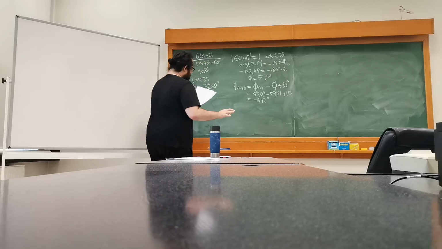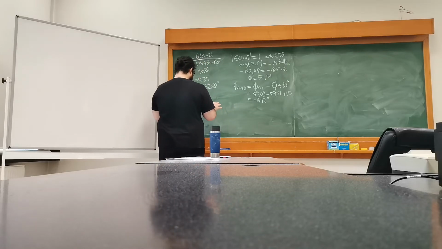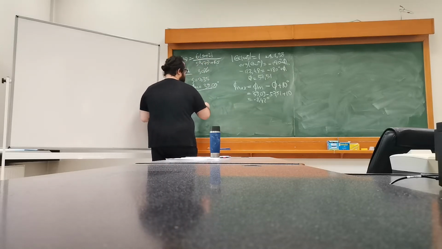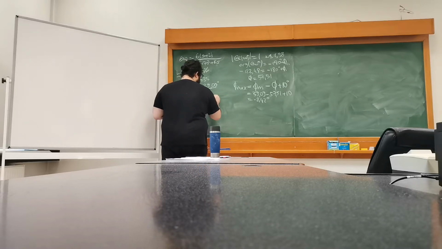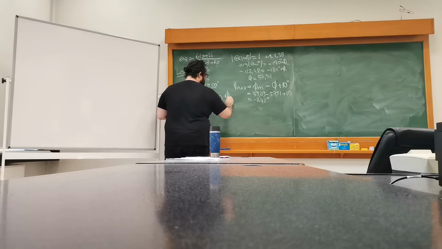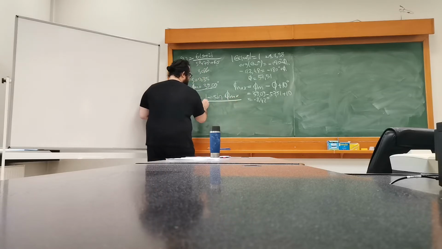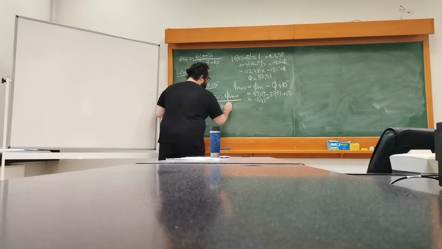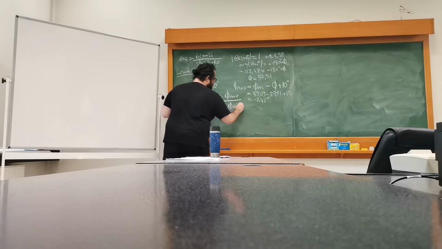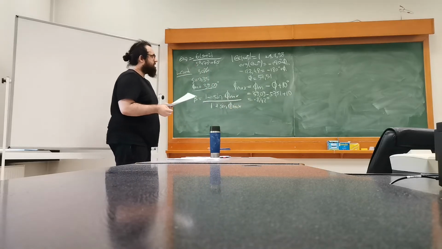Now, from this point on, we can just calculate what beta should be, since alpha is for lag, beta is for lead. And this is minus sine of phi max over 1 plus sine of phi max. These relations are basically in the textbooks.